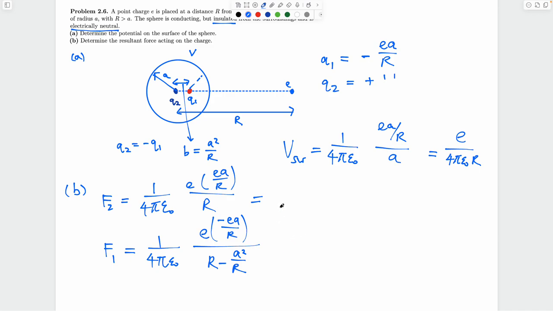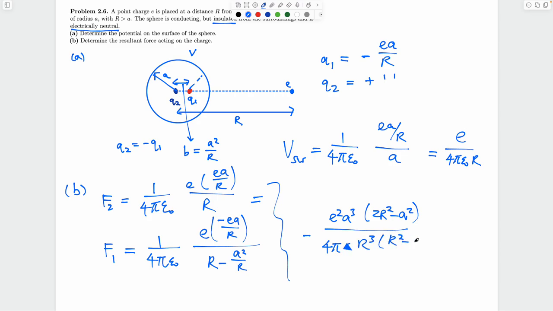And you just sum up these two to get your total force, and you should get some expression, which is a bit long. You should get this after a lot of simplifying.